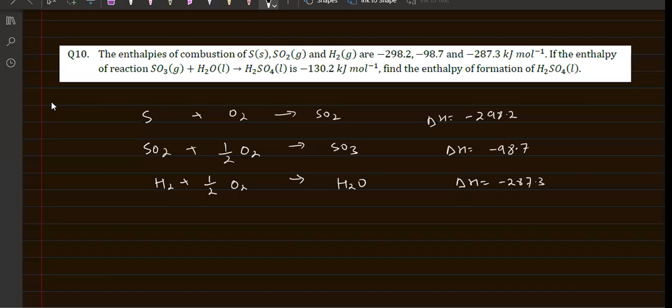Now what you have to find is the enthalpy of this reaction: SO3 plus H2O gives H2SO4. Now this is reaction A, reaction B, reaction C, reaction D. And this delta H is also given.